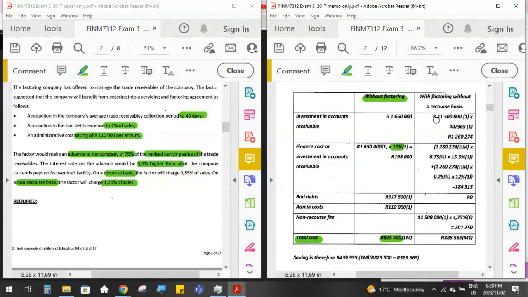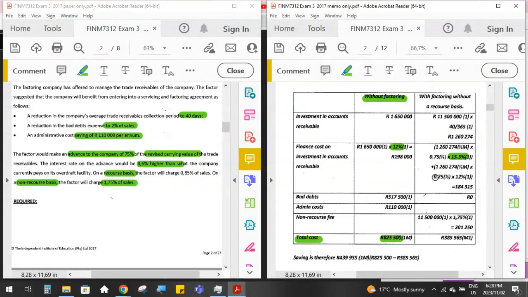Then if I factored, what would change? My investment in accounts receivable would go to, and again, we work out the 40 over 365, the new investment in accounts receivable. So we say 75% of that, here's my new investment in accounts receivable. 75% would be the advance, which the factor is charging me 3.5% more than the current interest rate.